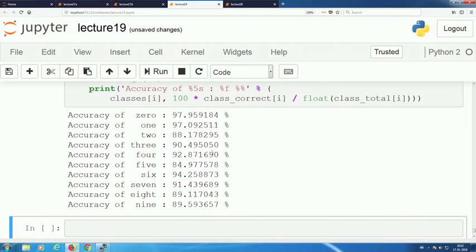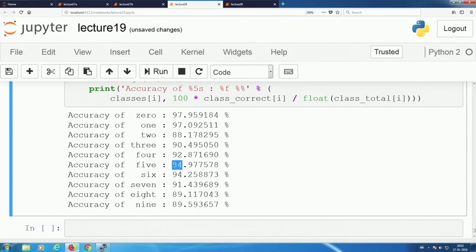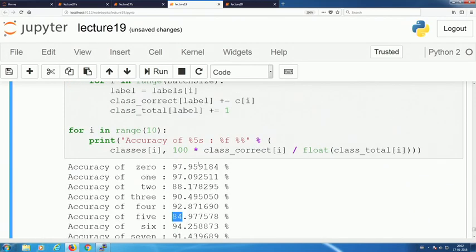If you look into each of these classes, for class 5 in the earlier case it was about 85% accurate, and here we are at barely 84.7, which is almost the same accuracy. There has not been much of a change. However, the features it has been learning here are more congruent to being representative of the handwritten numbers.